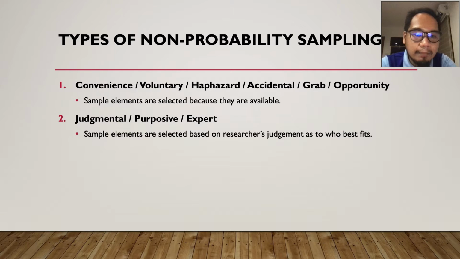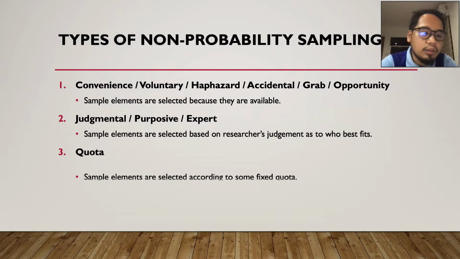So again, for qualitative studies, mostly it's purposive. The researcher specifically chooses the sample because they think that they are the best ones to get data from.